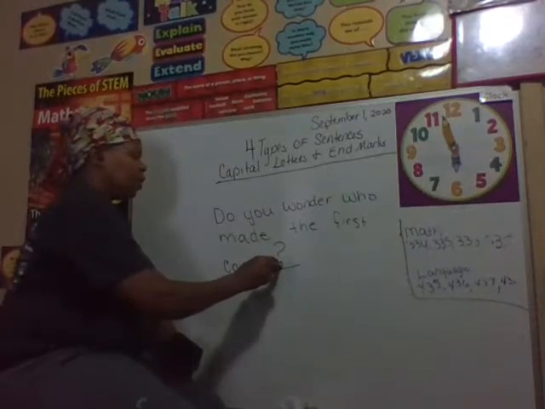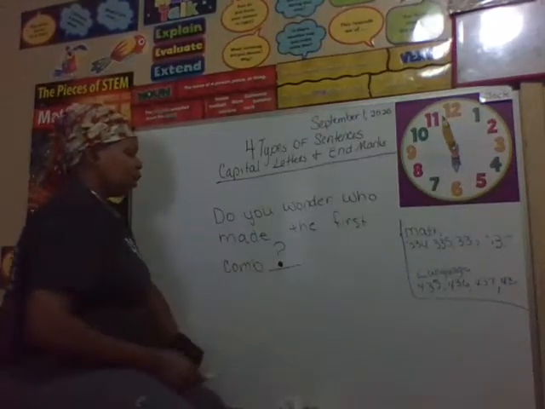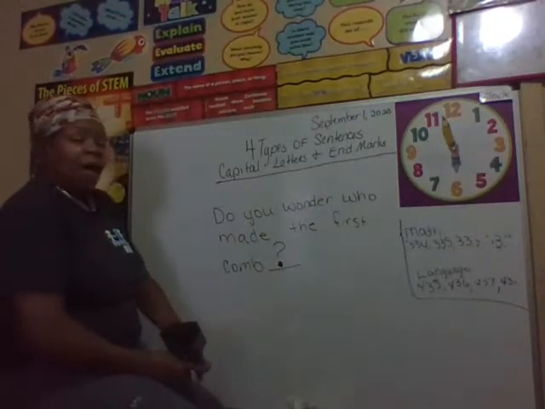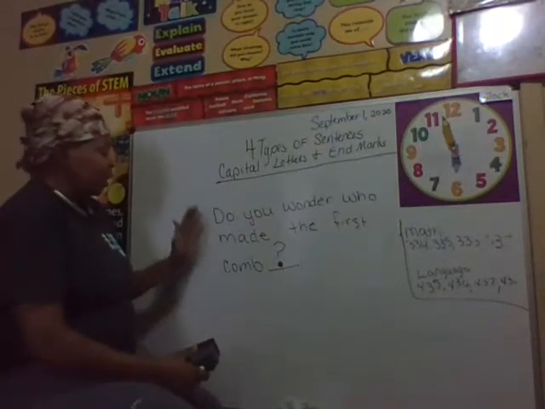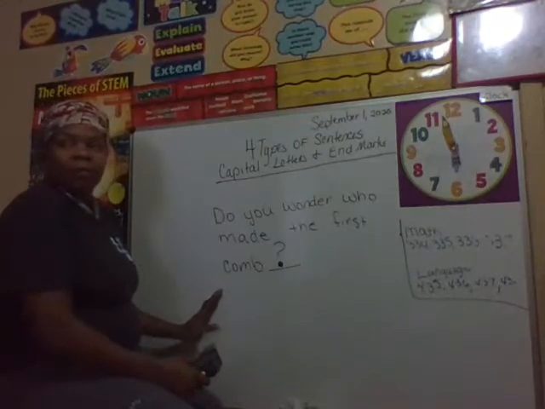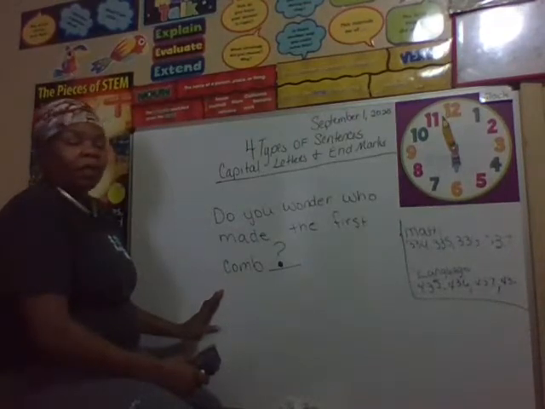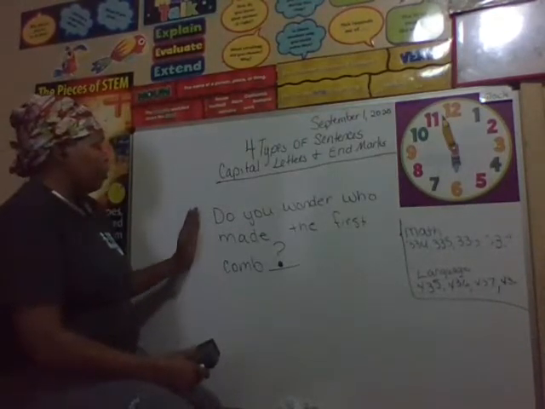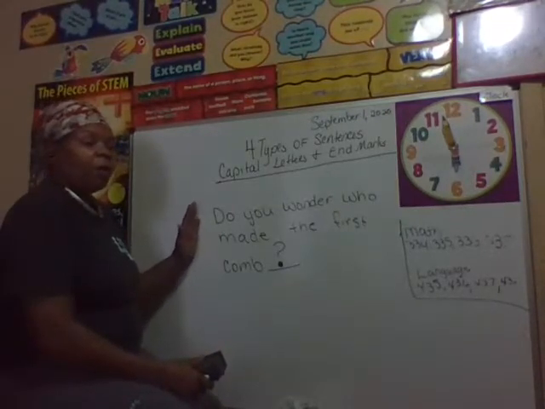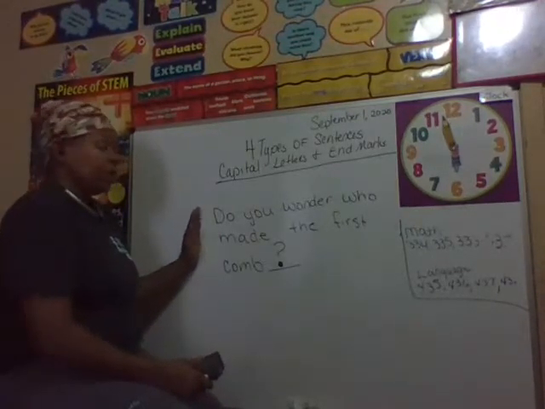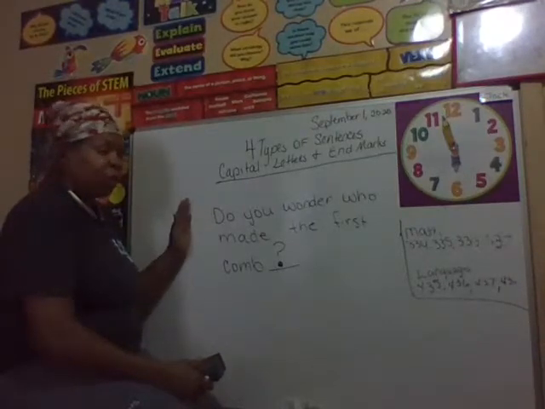Now, since we're here, let's go ahead and find our subject and our verb inside of this question. It's going to be a little different than finding it inside of a declarative or imperative sentence, or even an exclamatory sentence.